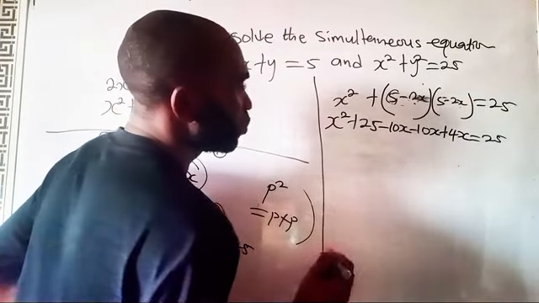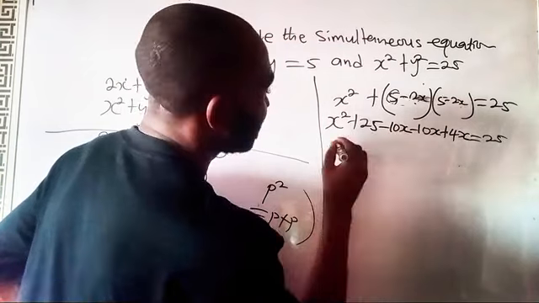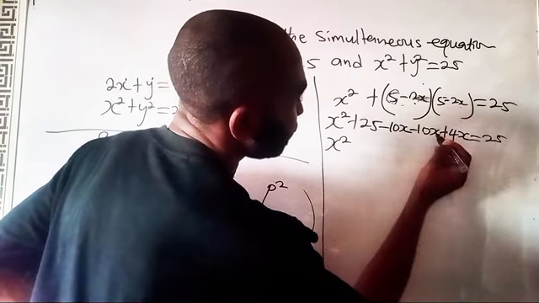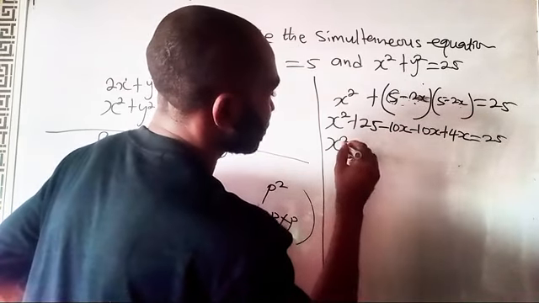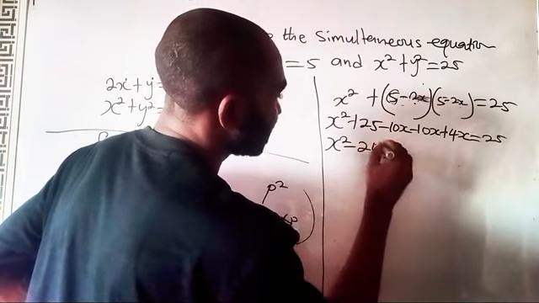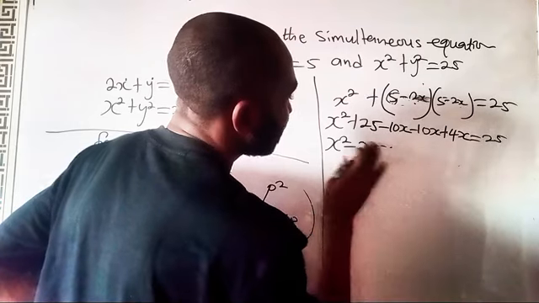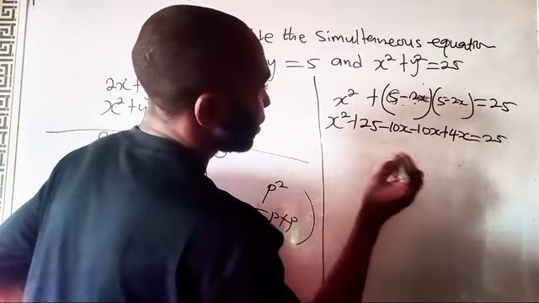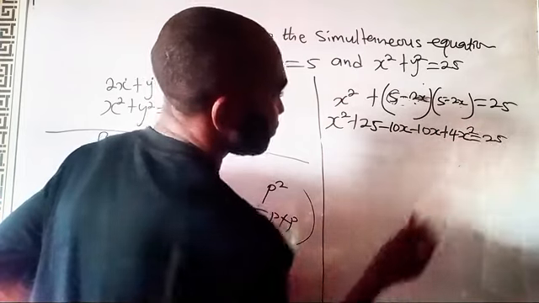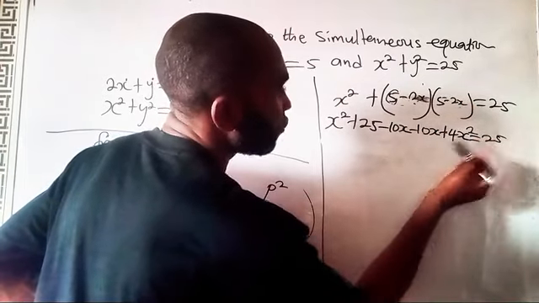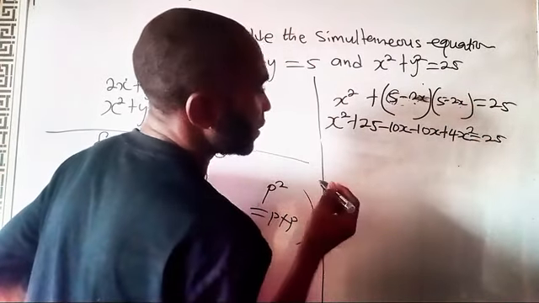So we now have 25. Here we're going to gather everything. Minus 2x times minus 2x is plus 4x squared.